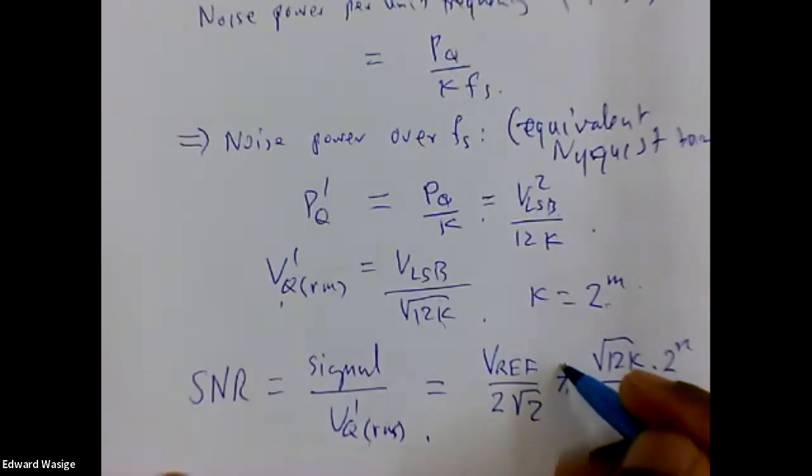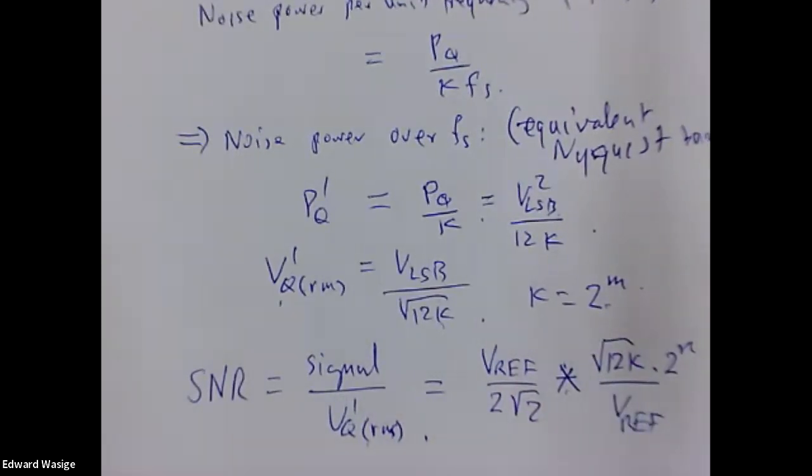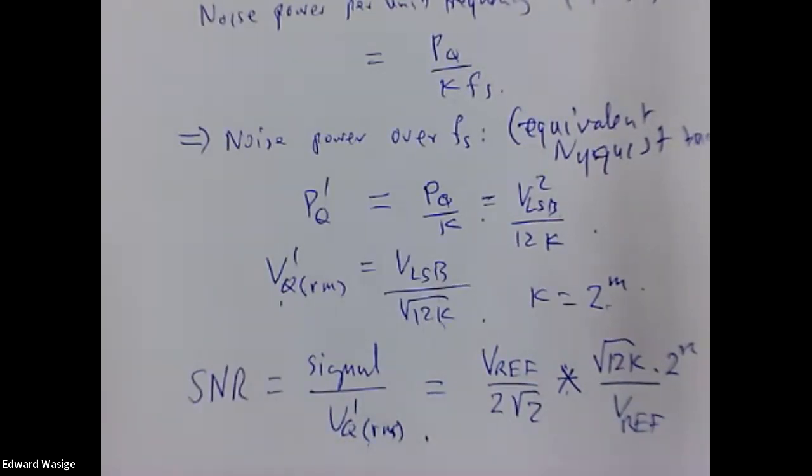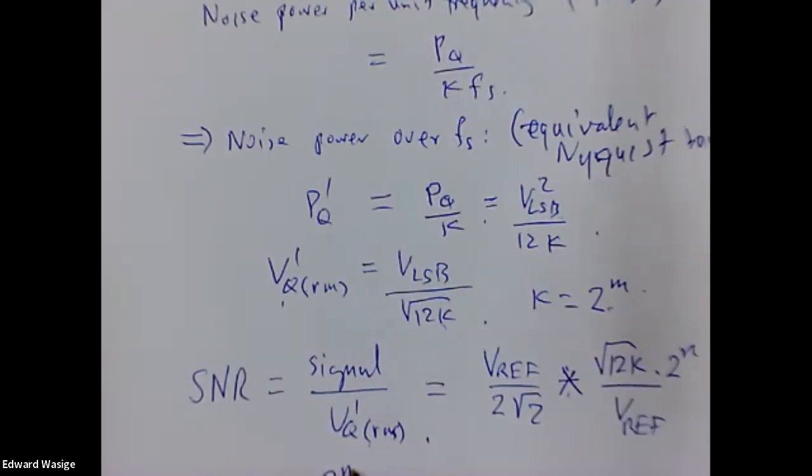Now this becomes multiplication. That comes to the bottom and that goes to the top. The two Vrefs cancel, and here we'll have 2 to the power n.